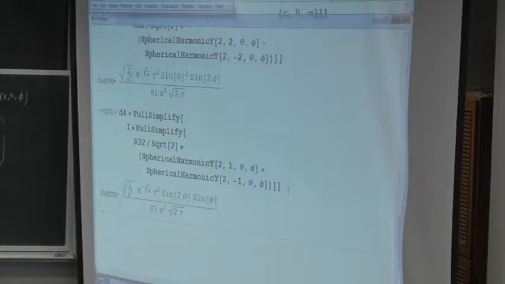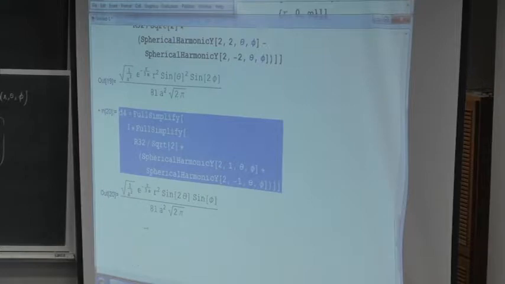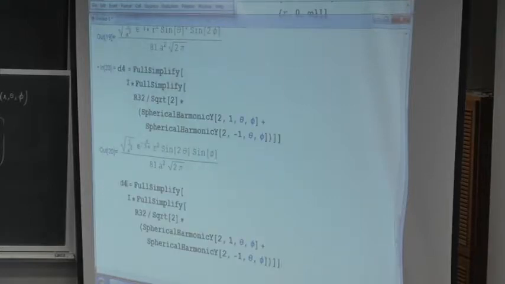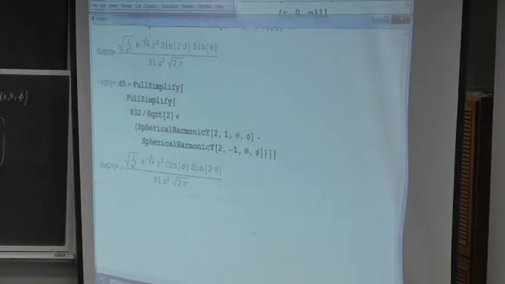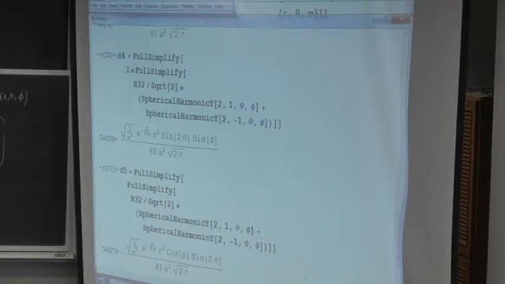Likewise, I can get d5. Alright, so this is also real. So I have generated all 5 orbitals, the wave functions, which depend upon r, theta and phi.